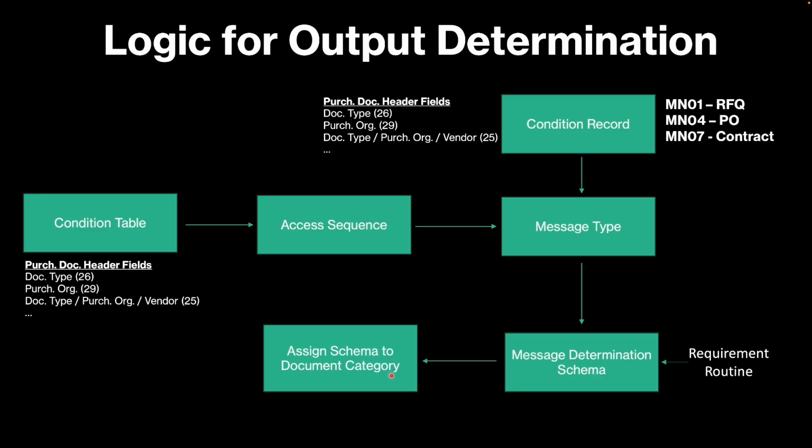So from the list of message types which is there in the message determination schema, you can enter any message type manually in the purchasing document also if you haven't maintained the condition record. But you can understand that for the message type, you can maintain the condition record and then determine it automatically, or you can maintain the message type manually also in the purchasing document.